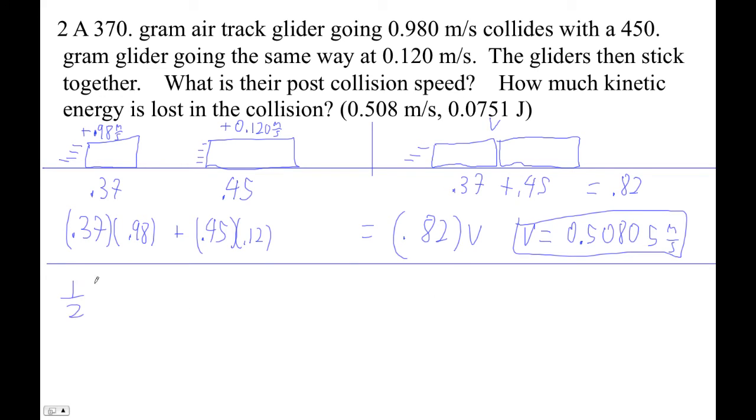So, okay. Now we want to figure out the kinetic energy. So that's going to be 1/2 0.37 0.98 squared, right? Plus 1/2 0.45 times 0.12 squared, right? And then this kinetic energy after will be 1/2 0.82 times this number, which I will use in my calculator unrounded.